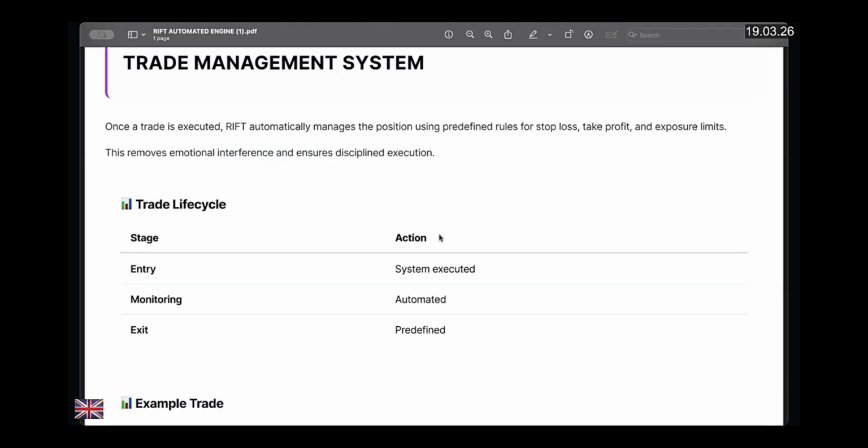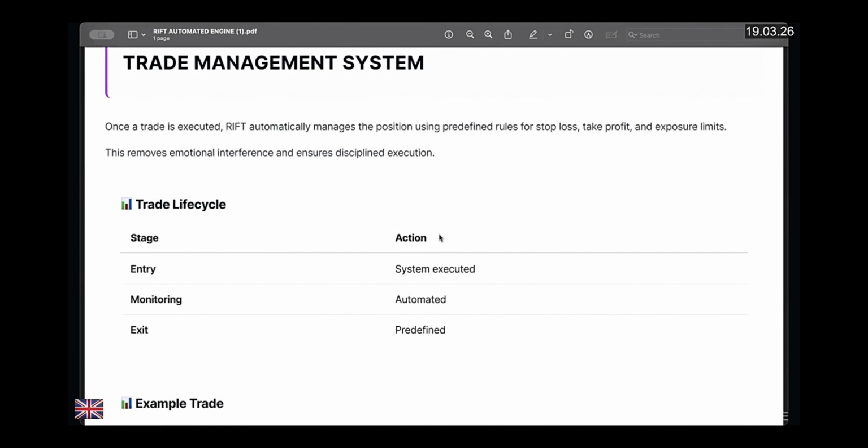So there is a predefined risk and a predefined exit that is planned by you, and the entry is managed by you. When it comes to the human part of Rift. Whenever it comes to the automated trading engine, the entry is decided by the system, the exit as well is decided by the system, and monitoring is fully automated.